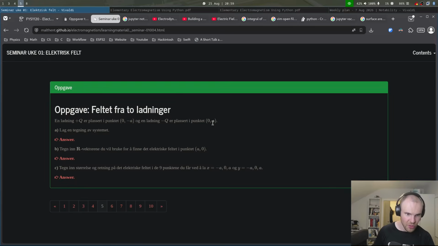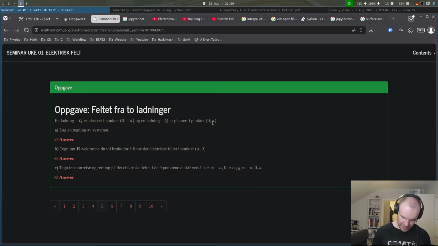So we have a positive charge in the point 0, minus A. Okay, so here is, of course, minus A, and there is plus Q, and then we have A, and then we have minus Q, right?